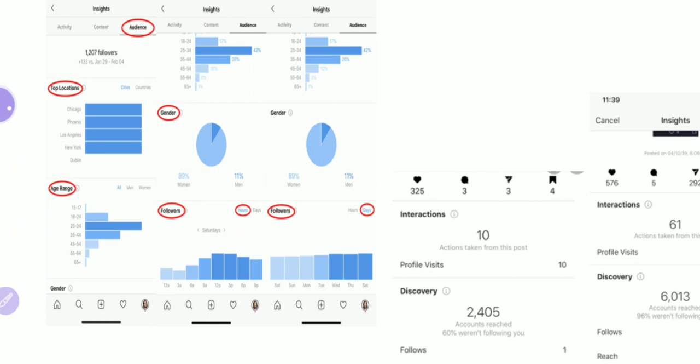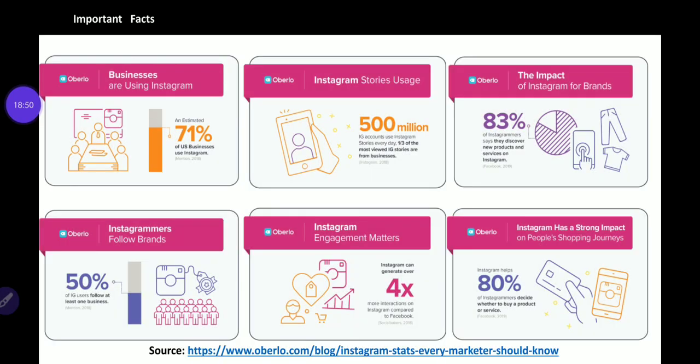You can also see when your followers are active, on what period of time and on which day, so it is easy for you to build future strategies. You can also have the bifurcation based upon gender. You can also have multiple insights from these particular metrics.